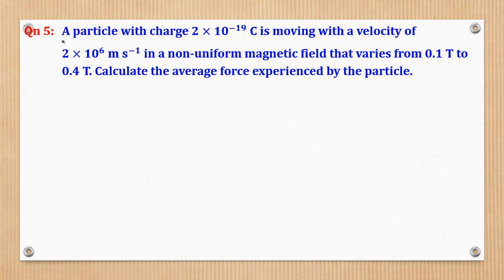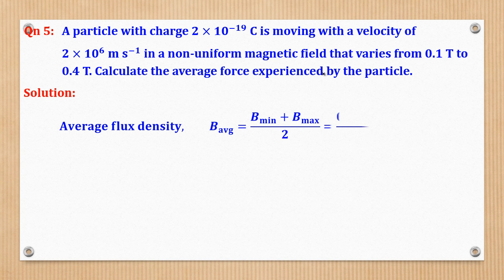Then question 5. A particle with this charge is moving with this velocity in a non-uniform magnetic field, note that word, non-uniform, that varies from 0.1 Tesla to 0.4 Tesla. Calculate the average force experienced by the particle.